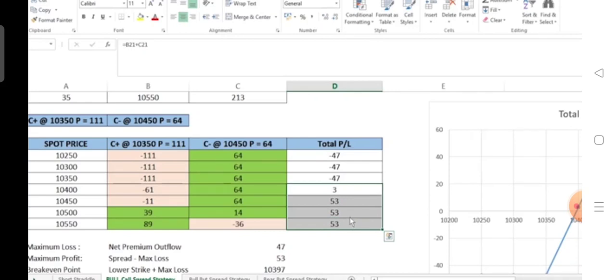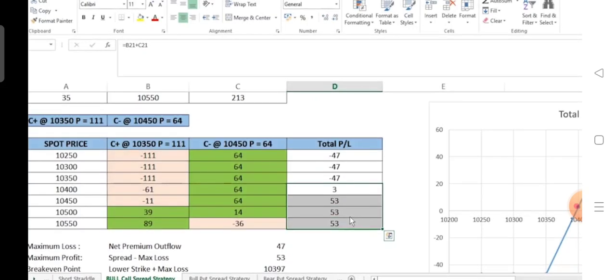Now an important thing to note is, if the price keeps on decreasing, the maximum loss we incur from this strategy is minus 47. Vice versa, if the prices are continuously increasing, after a certain point, the profit also gets stagnant and the maximum profit we are earning from this strategy is 53.